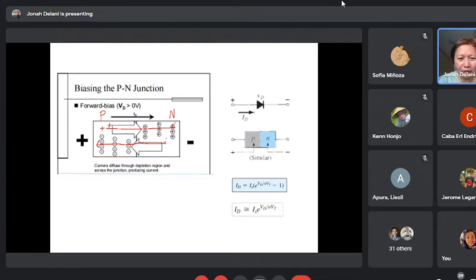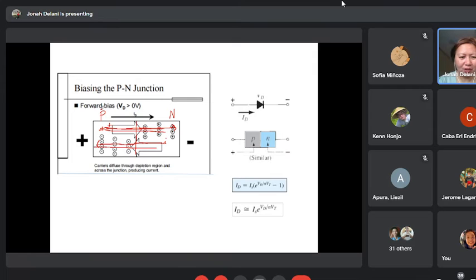What happens now to the depletion region? Due to the energy that is applied, the carriers collide with the depletion region. There is no more depletion region, and they move across, such that a current would now be able to flow through the diode.